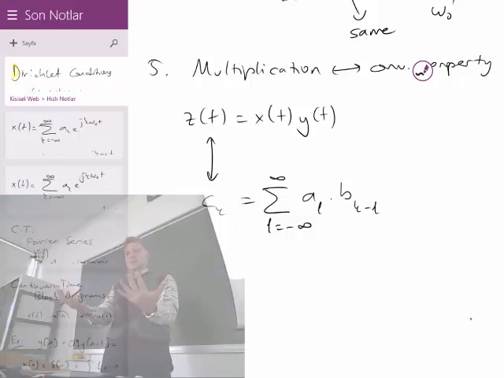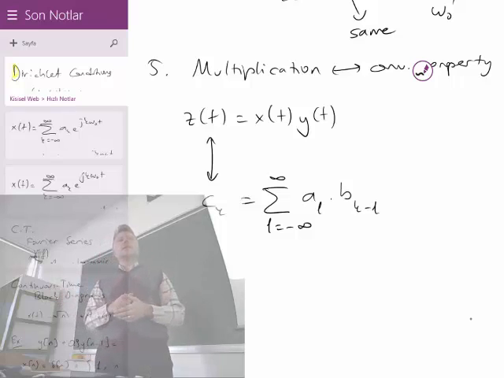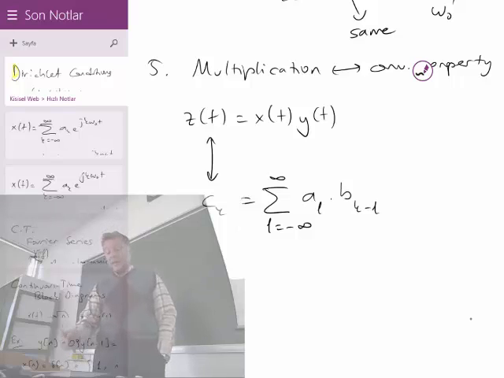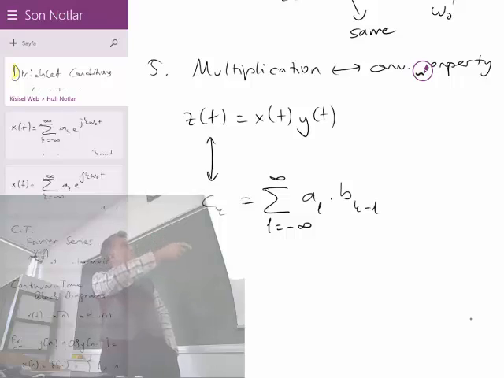They are two discrete time data, like discrete time signals. And you have to just convolve them to find the Fourier series coefficient of the multiplication in time domain, where a_k are the Fourier series coefficients of x, and b_k are the Fourier series coefficients of y, of course. You convolve in the other domain.